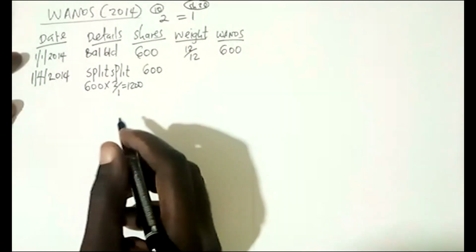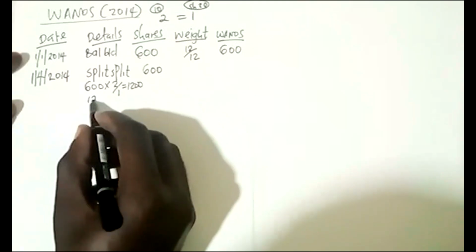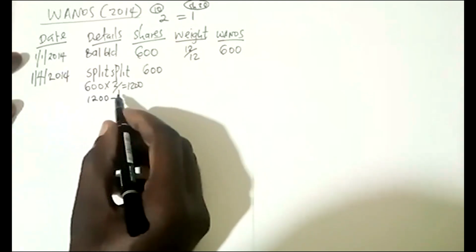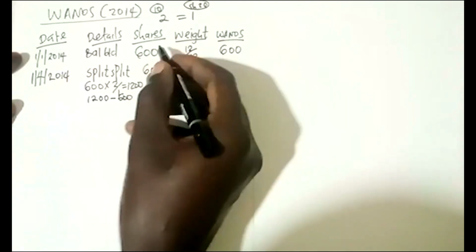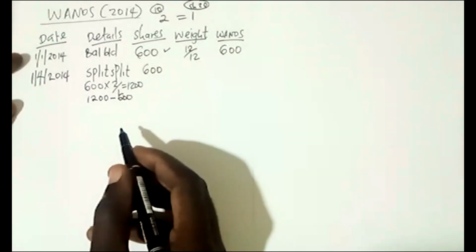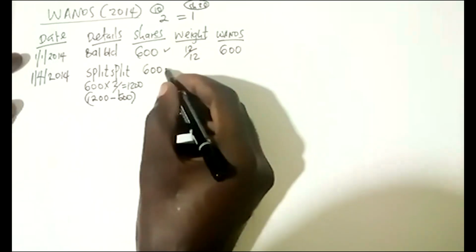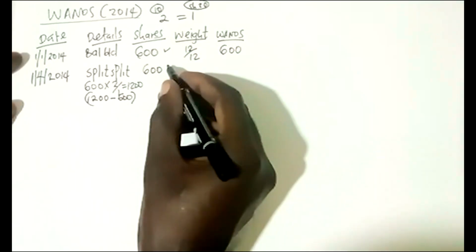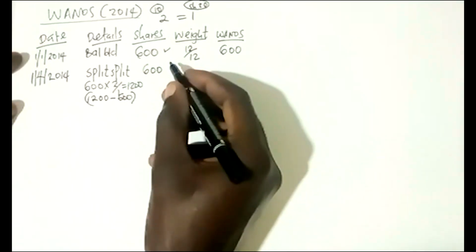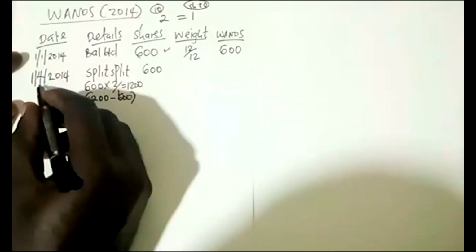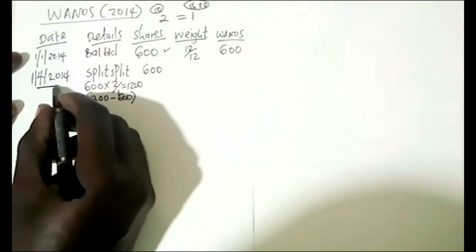You get 1200. But now already out of the 1200, we have recorded the first 600. The first 600 have been already recorded. That is why I'm just considering the 600. Then when doing the weighting, you don't weigh from the time the split occurred.